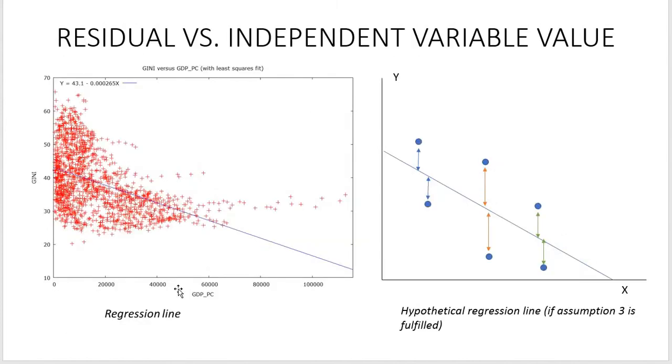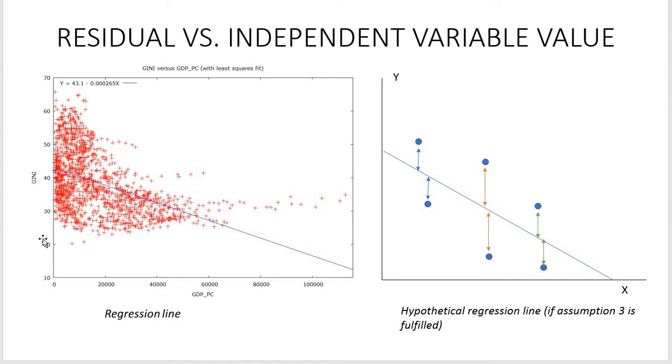So again, here you can see the regression line. In this case, definitely the distance between the empirically observed value of the Gini coefficient and the predicted value of the Gini coefficient, I wouldn't say it's distributed symmetrically.